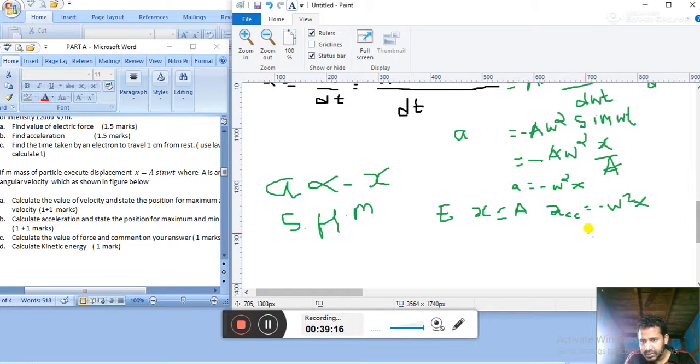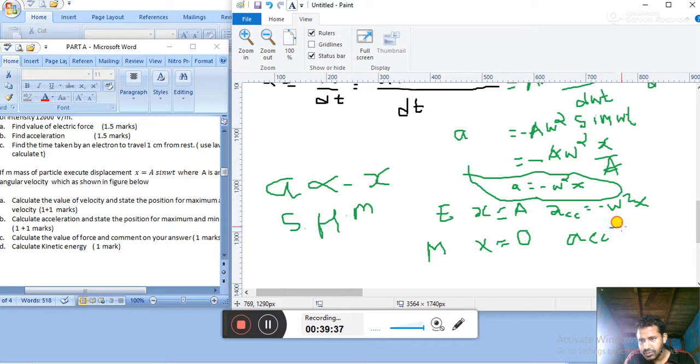At the mean position, x equals 0, so the acceleration is also equal to 0.